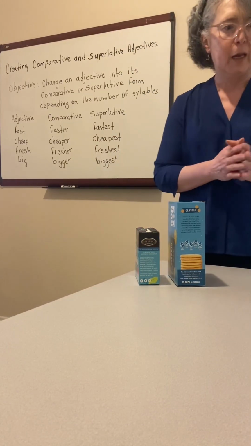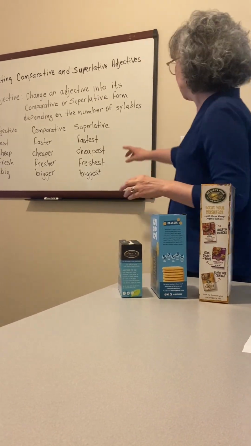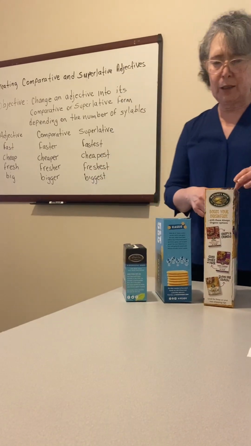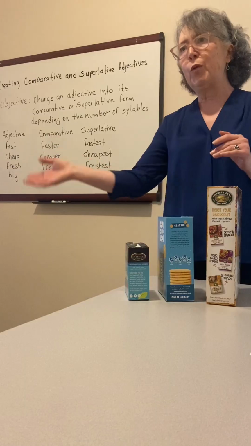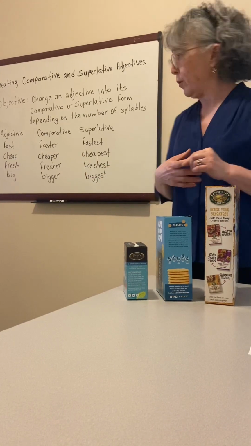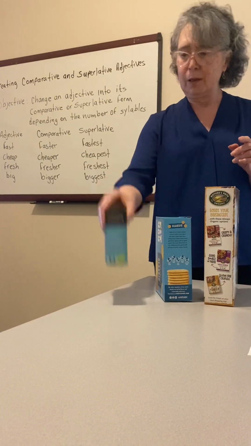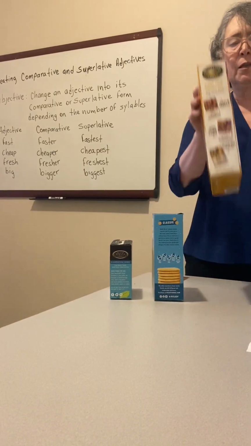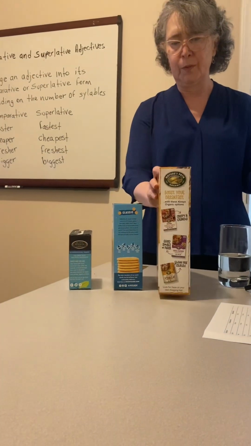Bigger. Now we're gonna have three boxes here to use the superlative. And the superlative, as I say, we use it to compare three things or more. So this one, we can say this one is big, this one is bigger, this one is the biggest one of the three of them.